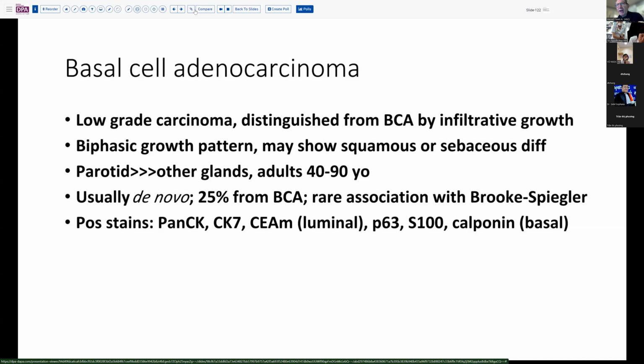Okay, well, let's talk about another malignant variant in the tumors. We talked about basal cell adenomas last time. Basal cell adenocarcinoma is also recognized and has infiltrative growth, in contrast to the adenomas, which are not.